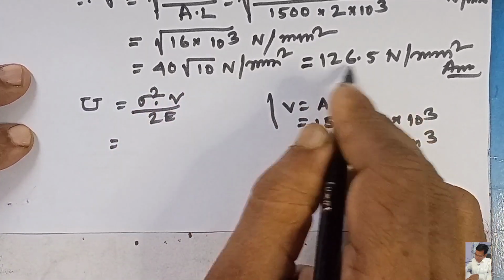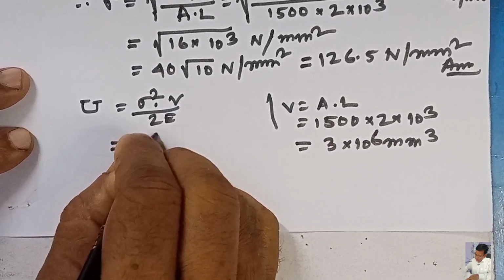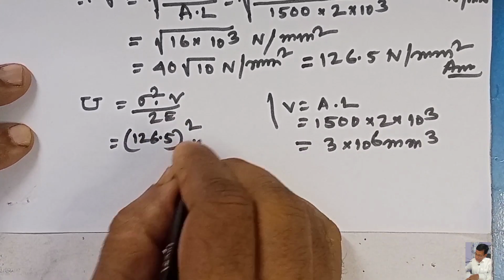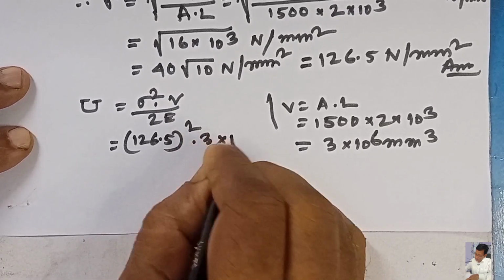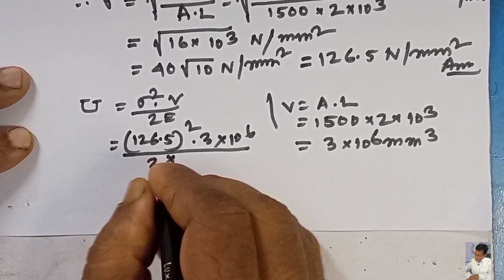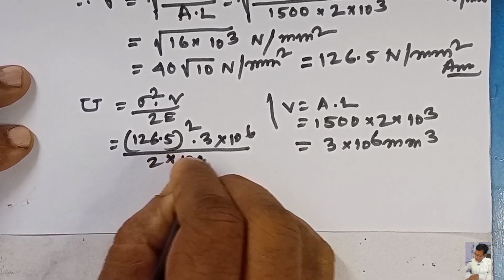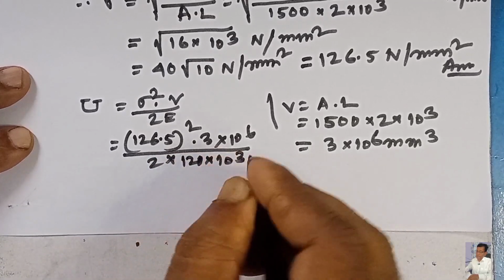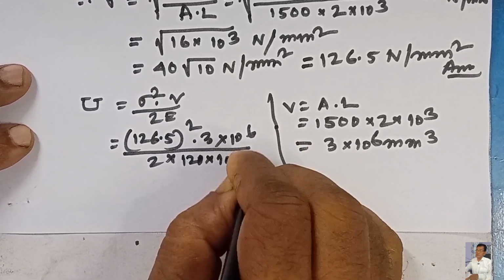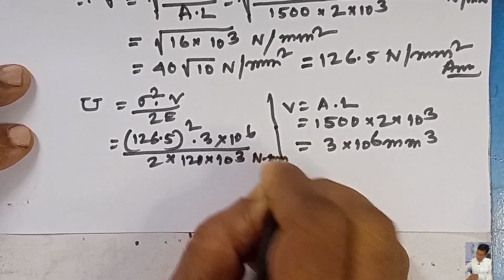It will be sigma, 126.5 square into 3 into 10 to the power 6 divided by 2 into 120 into 10 to the power cube. This is Newton millimeter.